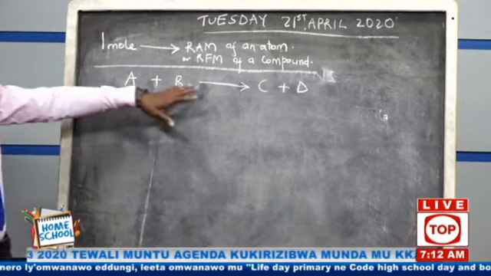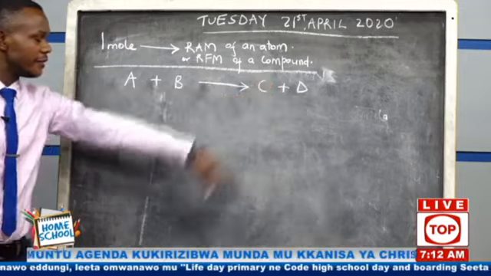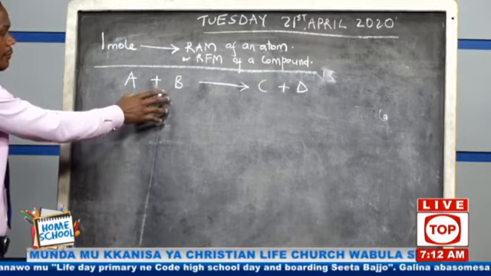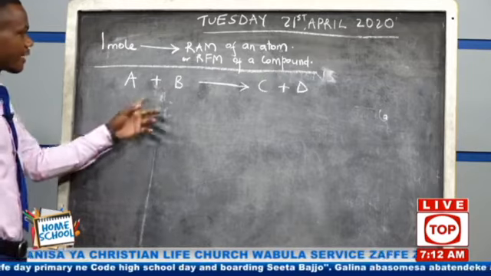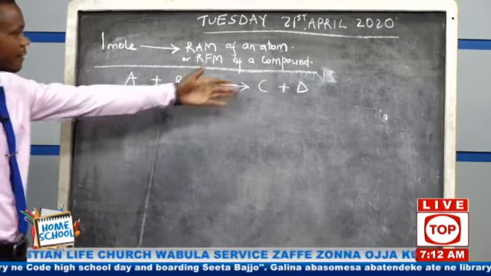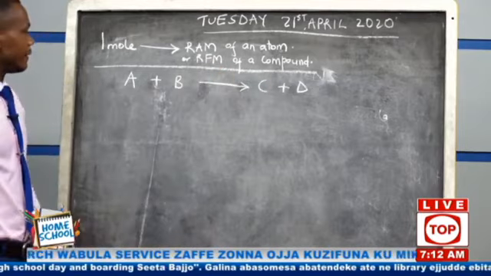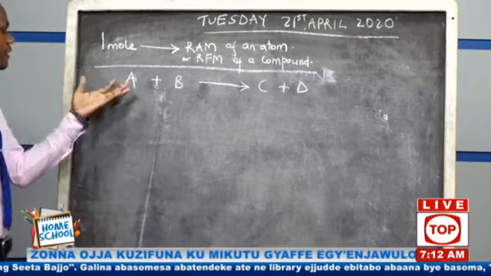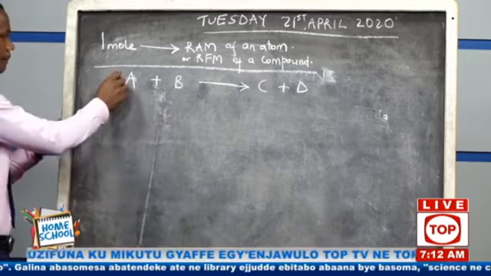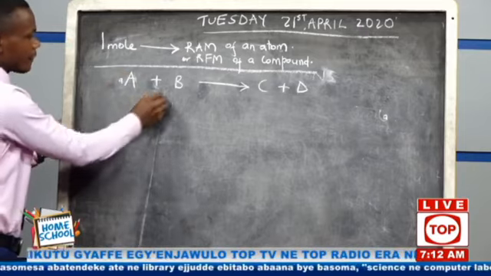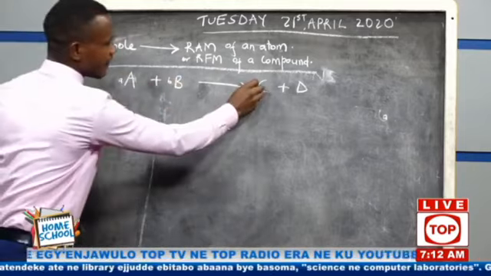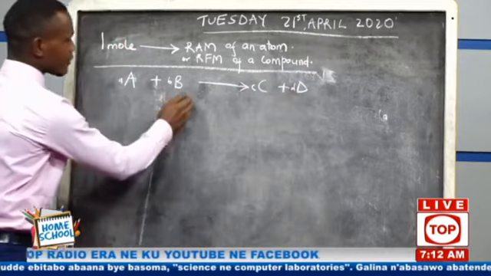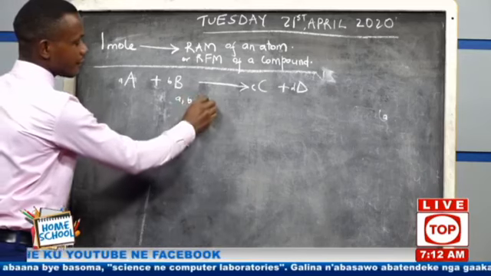That means A and B are the substances reacting, and the products are C and D. So when we talk about moles, anything written before this compound or substance, if we put here small a, small b, small c, small d, so we shall say a, b, c, d.